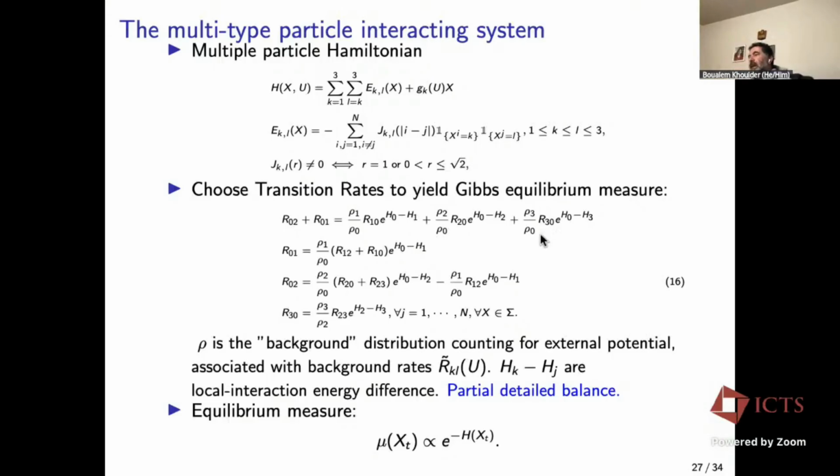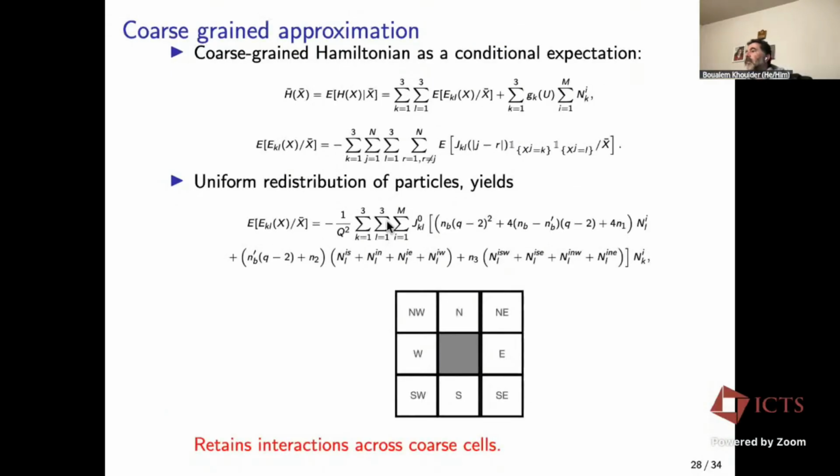These are known as detailed balance equations, and they guarantee that the Gibbs measure is an equilibrium measure of the system. This Gibbs measure will be used as a design principle to write down what these rates should be. And then, like I said, you can now write everything, and then we add the local interactions.